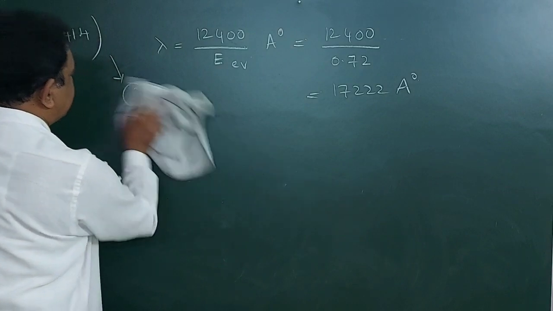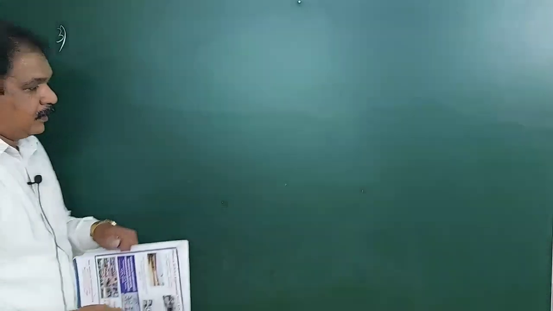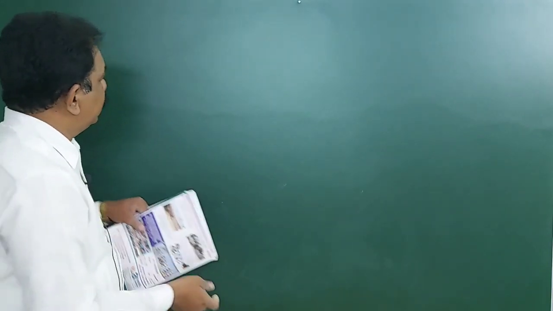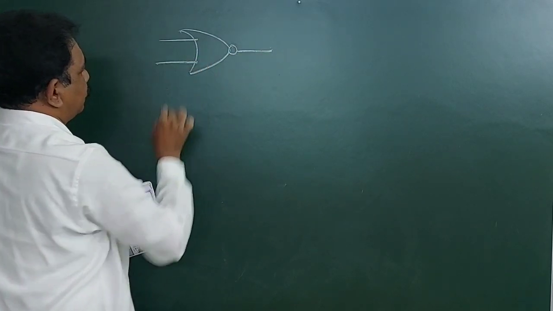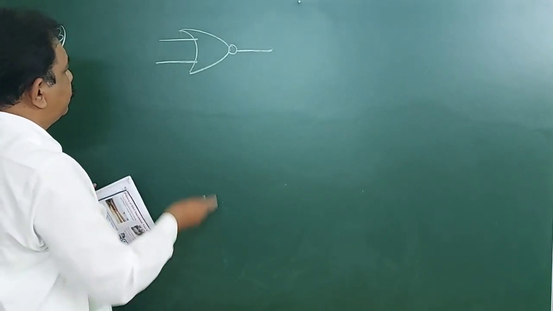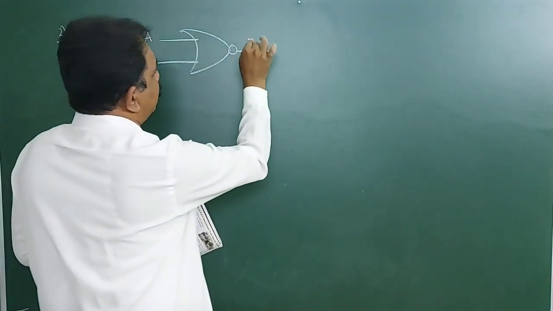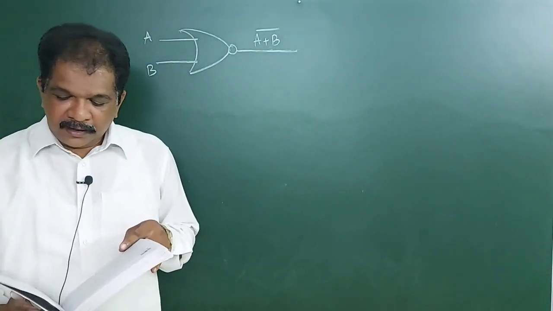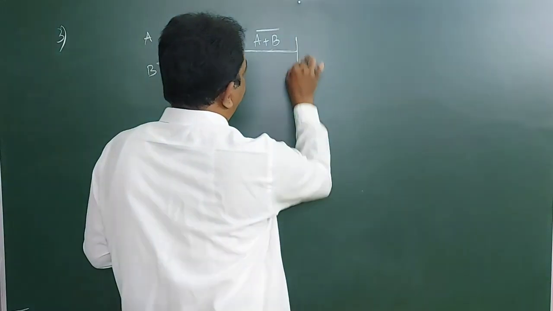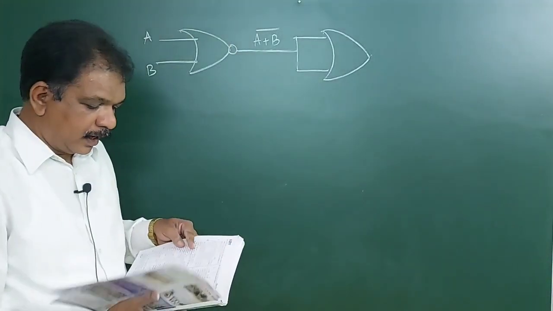Next, see the third question. Here they gave one NOR gate. If we give inputs A, B, what do we get here? A plus B bar. And again two of those inputs are given to one more NOR gate.